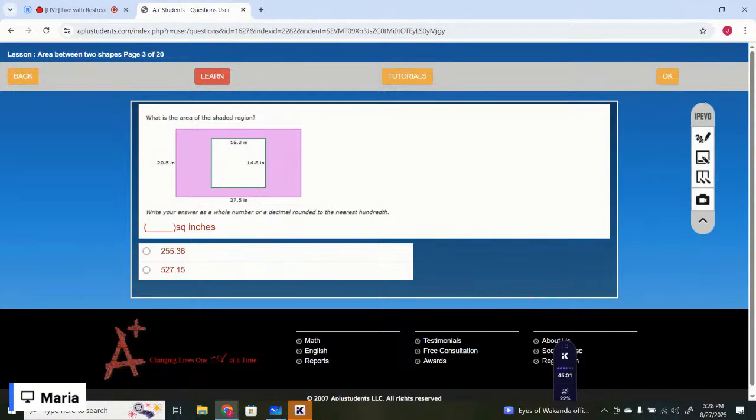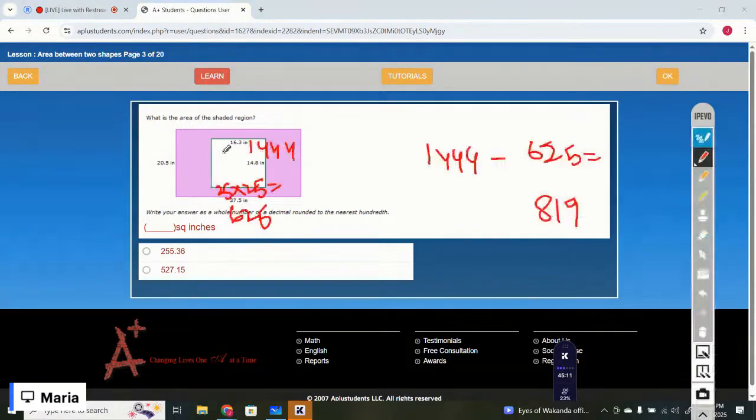So the area of the white one is 16.3 times 14.8, that is 241.24.